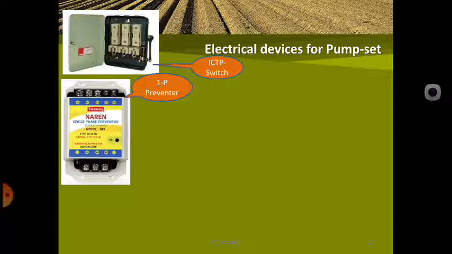In such a way they schedule the power distribution.